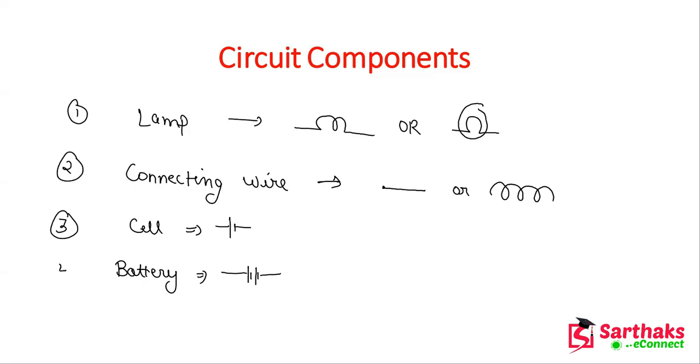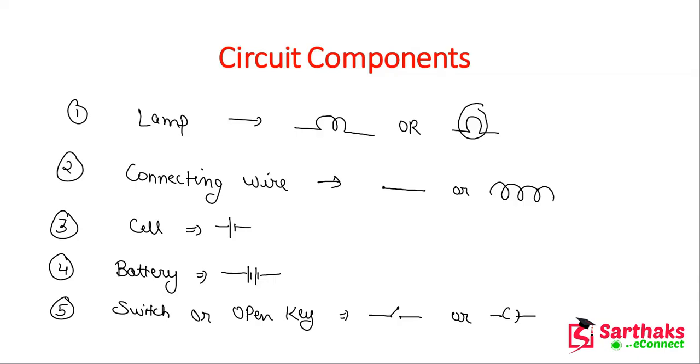Now there are also keys, which we also call a switch or open key, and it could be denoted by, as you can see, it is open, so it could be denoted by this, or like this also.